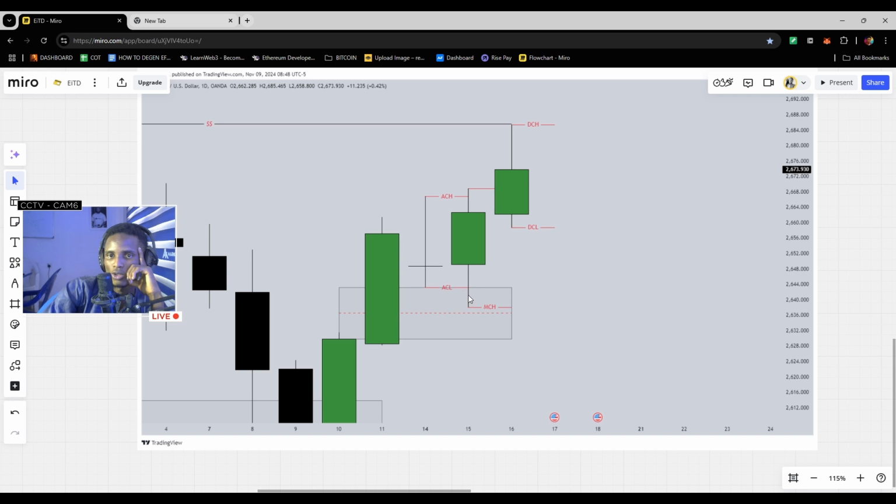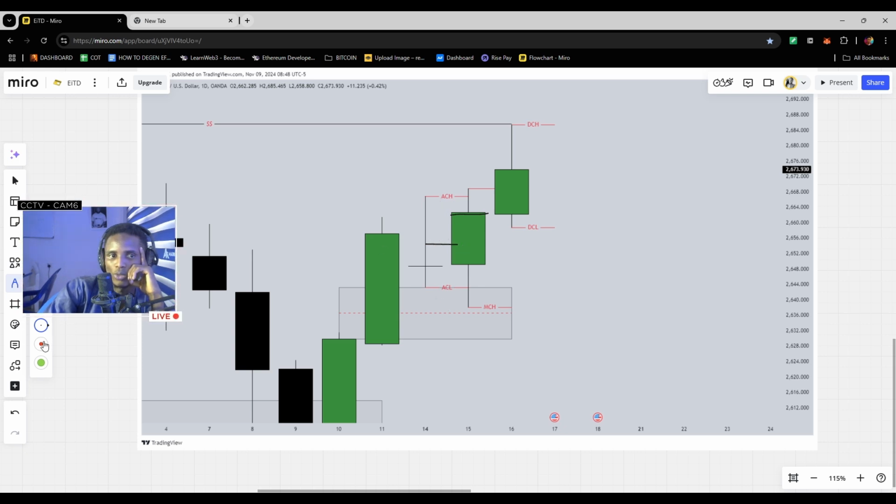Then it closes above. If I grade the whole candle from the accumulation low to the accumulation high, the 50% will be around here. And this is the closure of this candle. It closes above the 50% of this AC range.